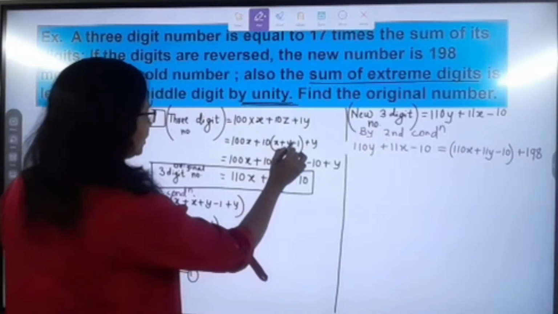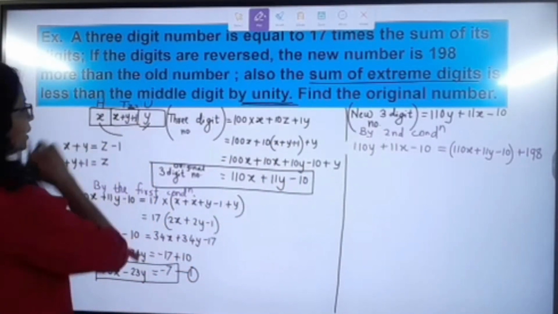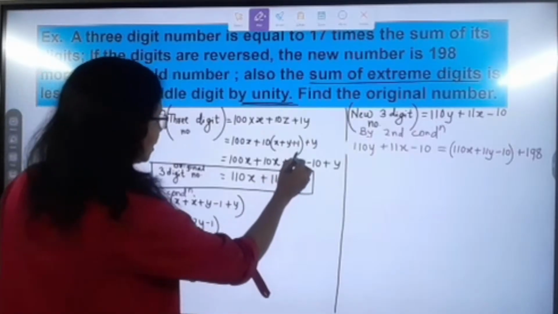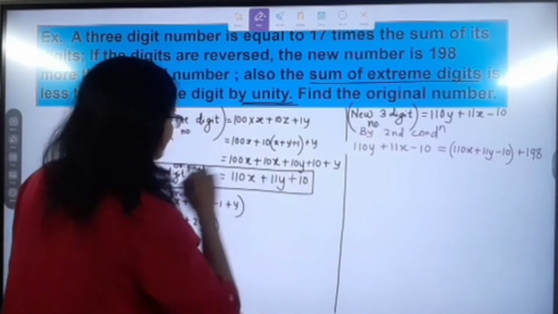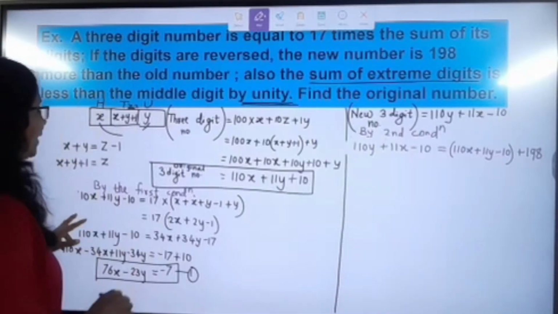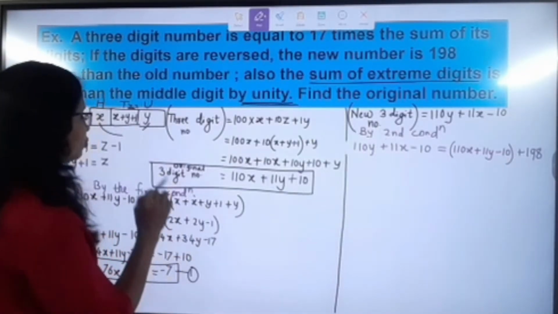So here also at the place of z I write down plus 1. Here it comes plus 10, and x plus y plus 1, students.